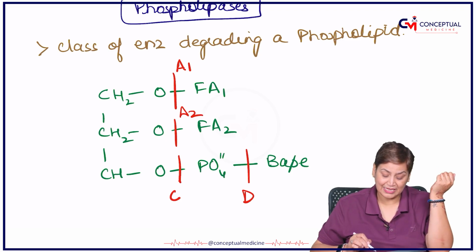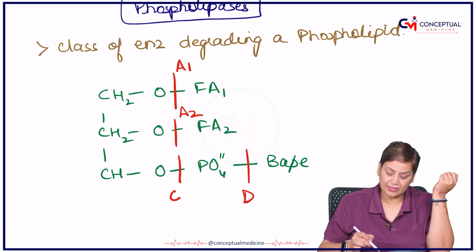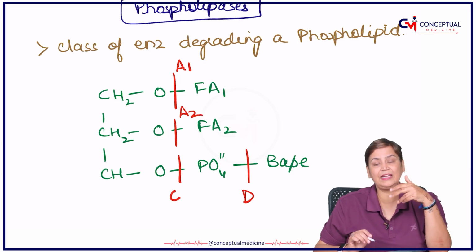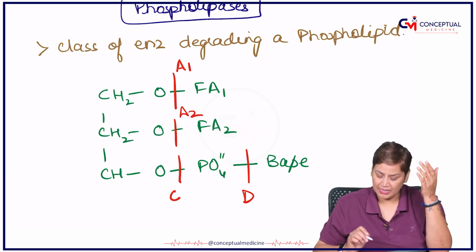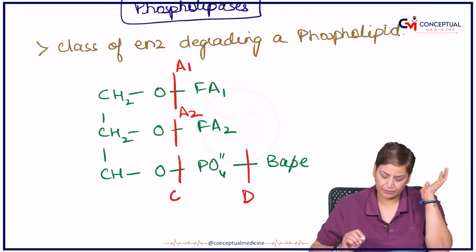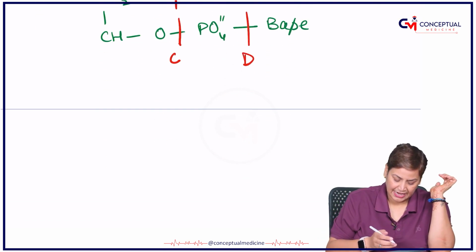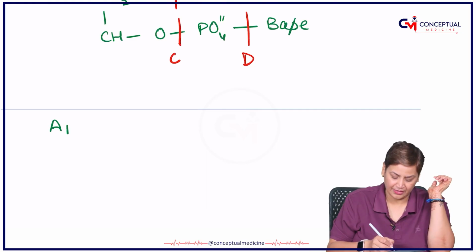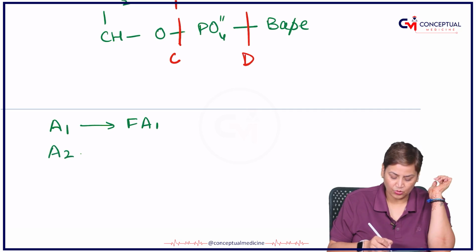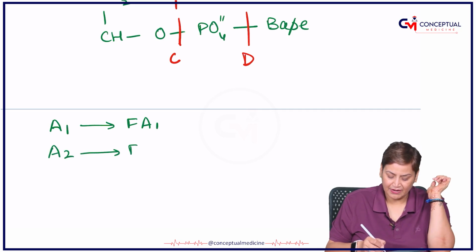Phospholipase C keeps the diacylglycerol, and the phosphate and base will go out. And if D is there, only the base will go out. So if the attack is on A1, it will release fatty acid 1. If the attack is on A2, it will release fatty acid 2.